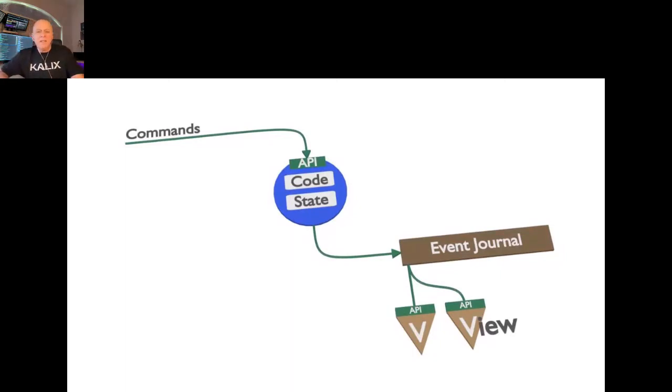So what's happening is that, as you can see, commands are being put into the entities, and those entities are generating events in the case of event sourced entities, or updating state in state stores for key value entities. But in both cases, the creation of the queryable views of data happens after those changes are persisted.